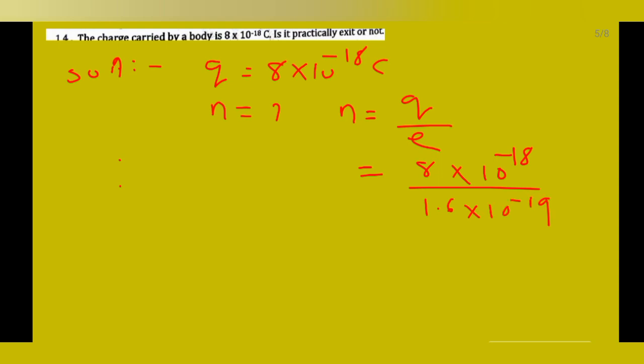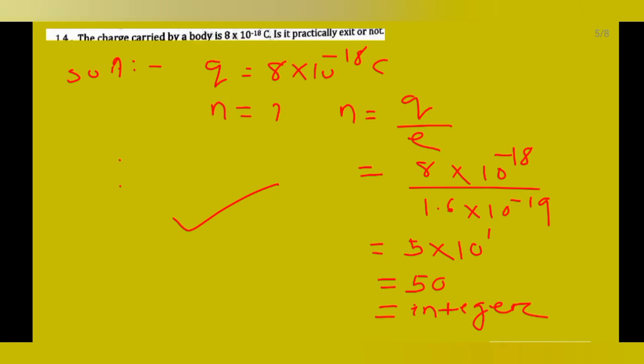If we divide 8 by 1.6, it becomes 5 into 10 to the power 1, simply 50. So the number of electrons is 50, which is an integer. So this charge practically exists.